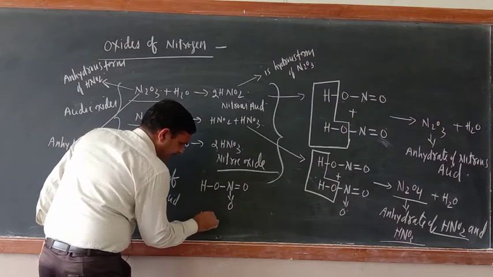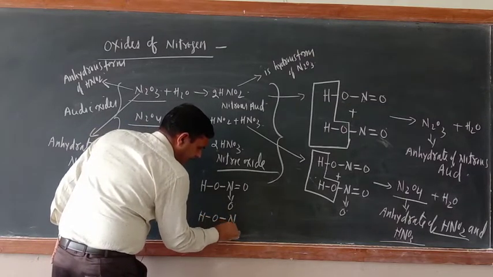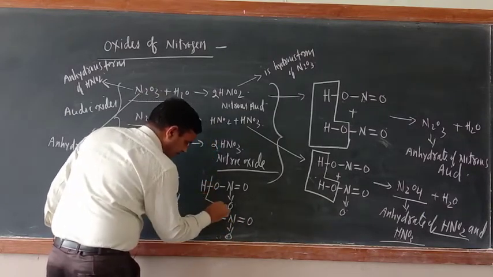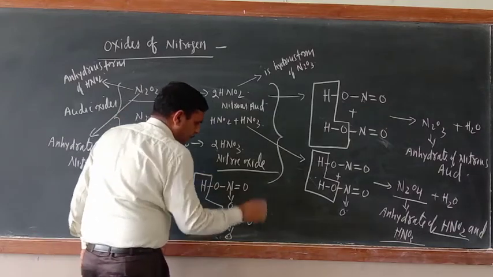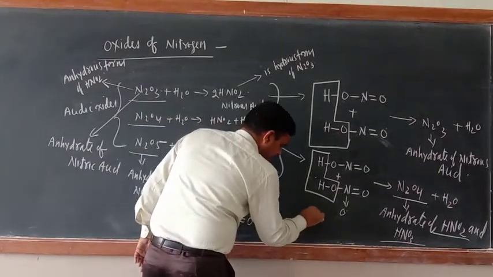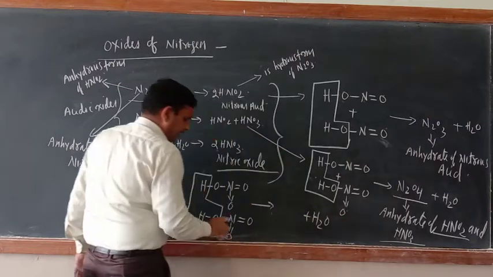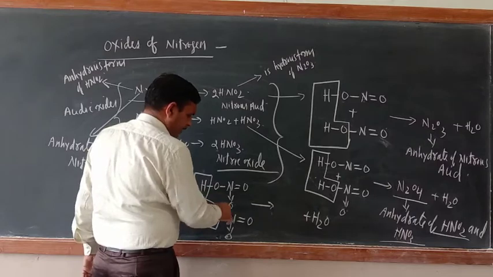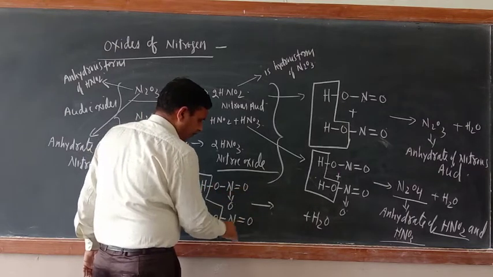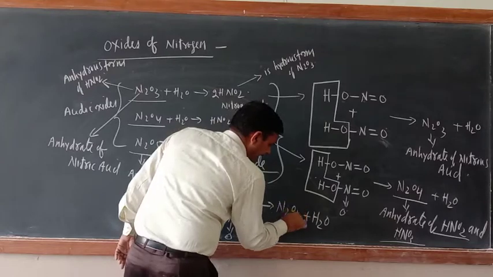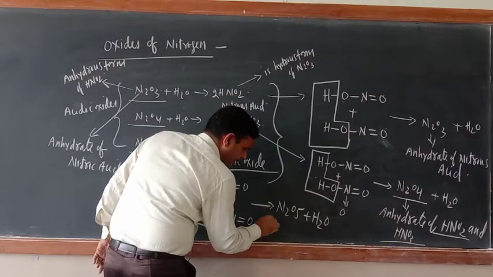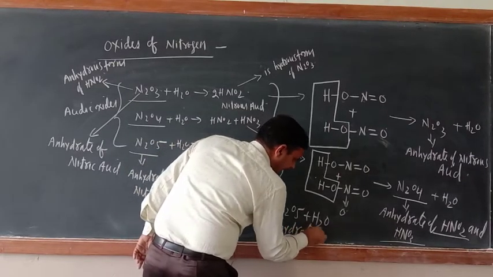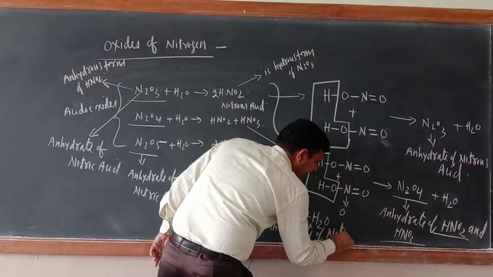Similarly HON coordinate bond double bond O. Okay. Now remove 1 molecule of water. H2O. So here what is there? This is plus H2O. What is left here? Just see. N 1 2 3 4 5, 1 2 3 4 5, N2O5. That is why N2O5 is known as anhydrate of nitric acid.